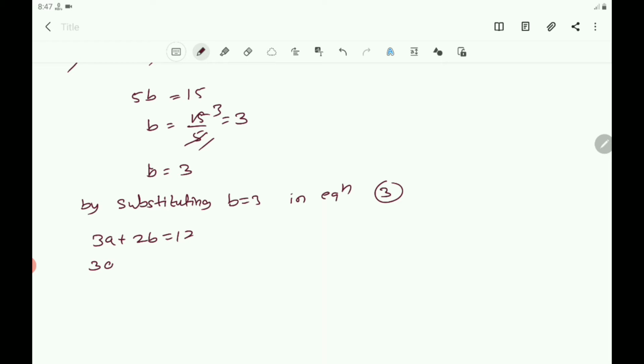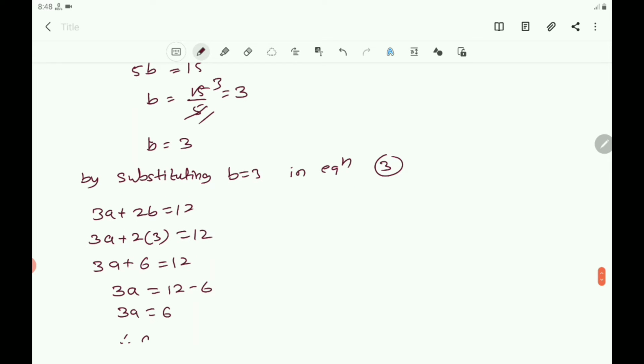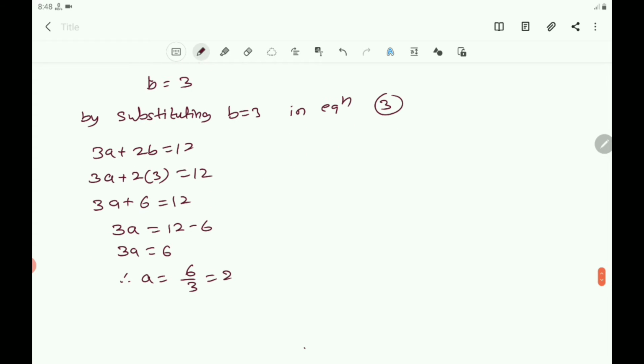That is 3a + 2 into 3 equals 12. So you got 3a + 6 = 12. Then 3a = 12 minus 6 = 6, you got. 3a = 6. Therefore, a = 6/3 = 2 you got.